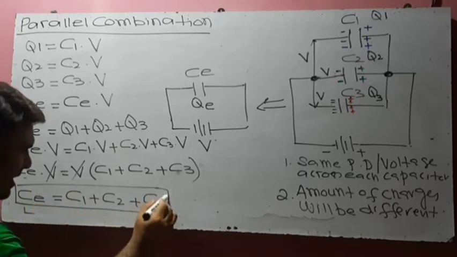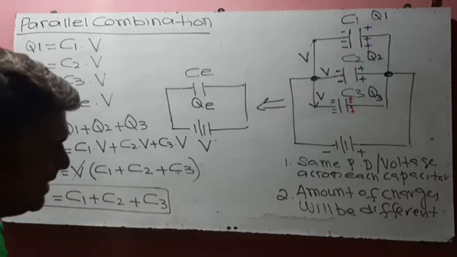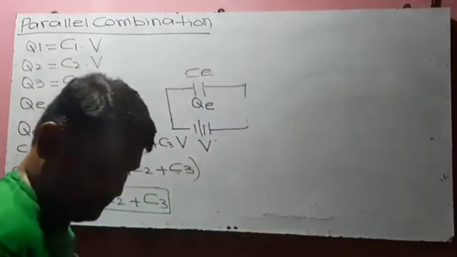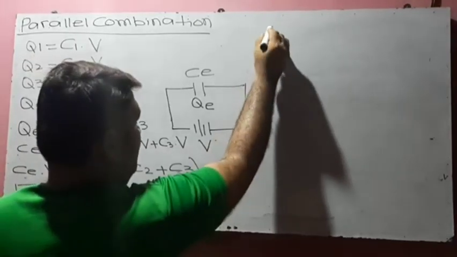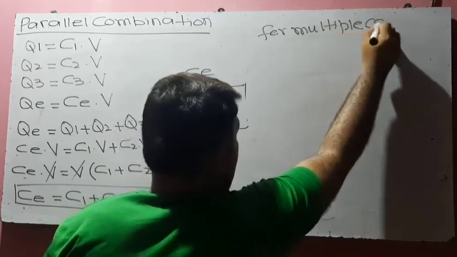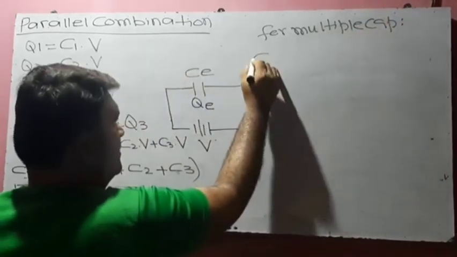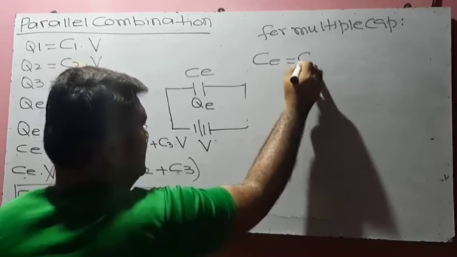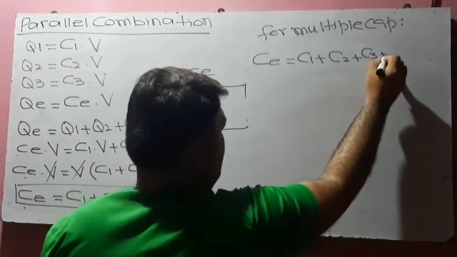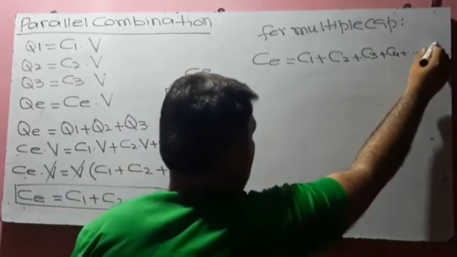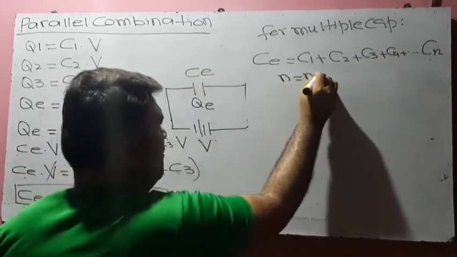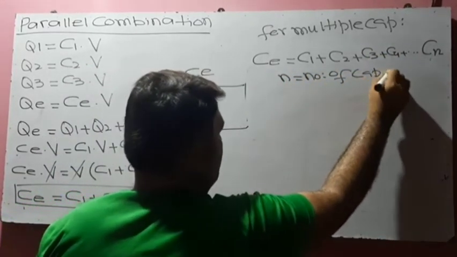Suppose we have multiple capacitors, then for multiple capacitors, CE is equal to C1 plus C2 plus C3 plus C4 going on up to Cn, where n is the number of capacitors.